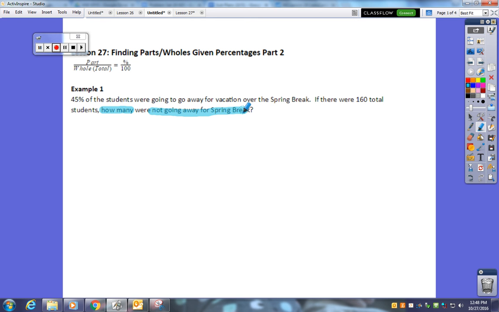If we read back up in the problem, we will see the percent given to us is the percent that were going to go away for vacation over the spring break. The other number we are given is the total number of students.